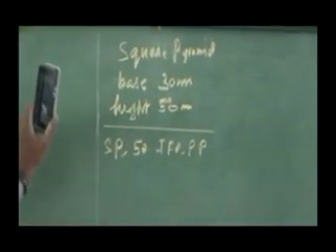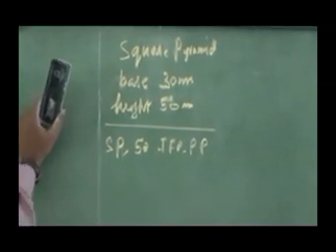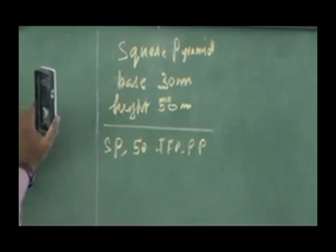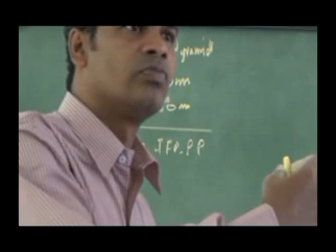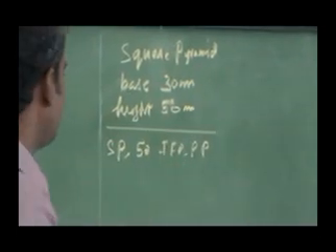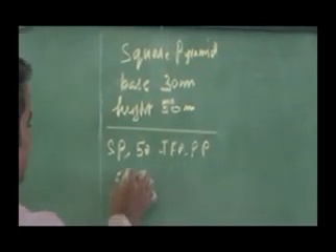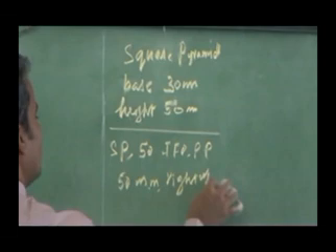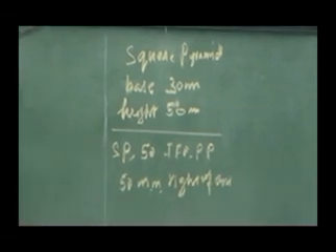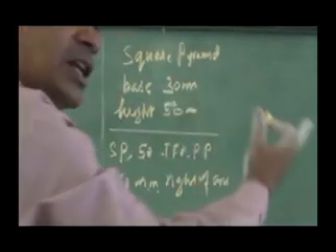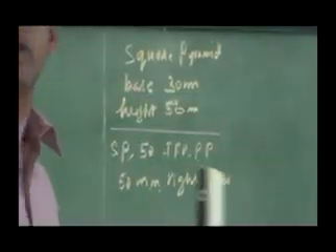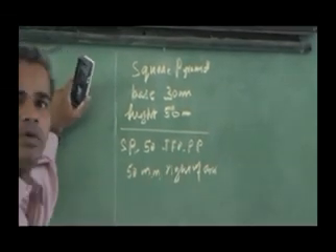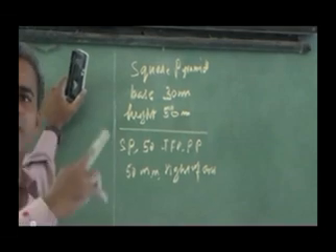Where do I have to mark the station point? 50 mm in front of the picture plane and 50 mm right of the axis. The station point will come to the right side of the axis of the object, not like the previous one. So you should have the difference.